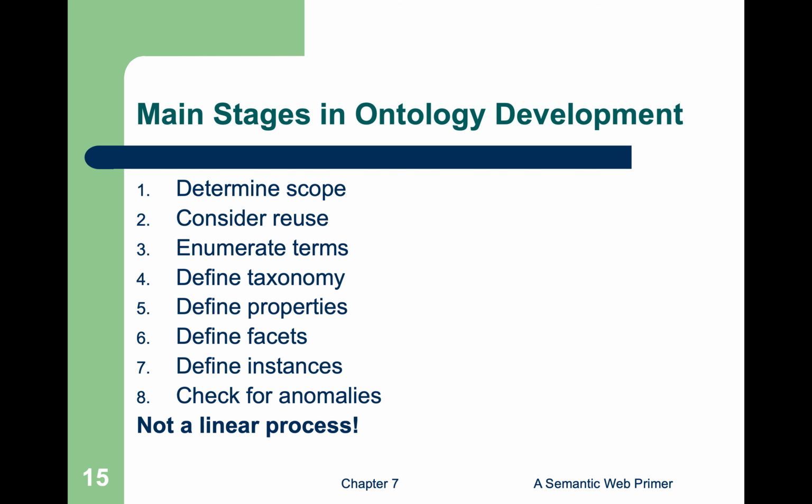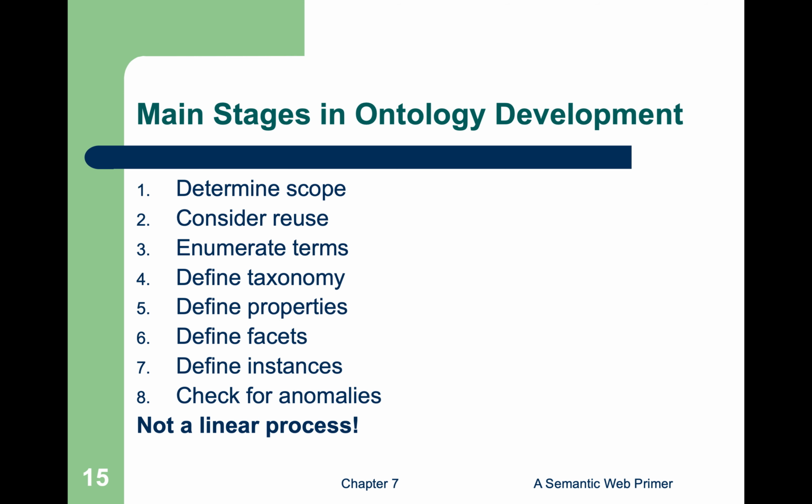It's an iterative process. First of all, we need to determine the scope of our ontology. We need to consider reuse. We can use various knowledge extraction techniques to enumerate terms.